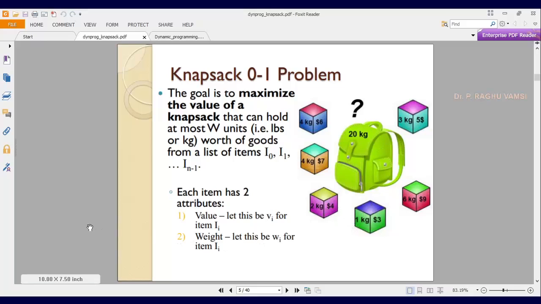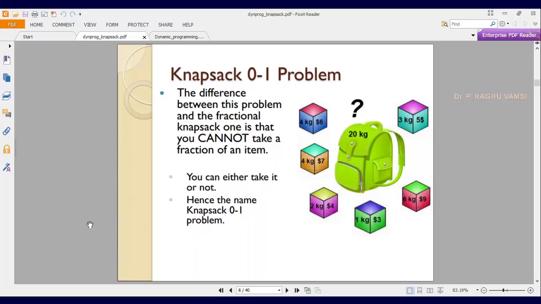This is the problem statement of the 0-1 knapsack problem. The difference between this problem and the fractional knapsack problem is that you cannot take a fraction of the item, as we just discussed. You can either take it or not. Hence the problem is named the 0-1 problem.